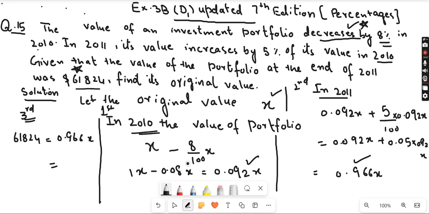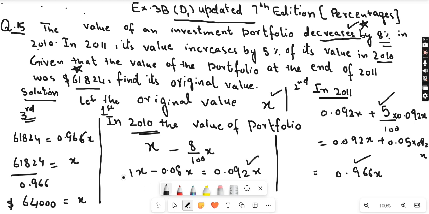First it is decreased by 8%, then it is increased by 5%, and then finally we come up with this solution. We'll divide it by 0.966, and your final answer becomes 64,000. So this is the original value of the portfolio, $64,000, or the Pakistani rupees. So whatever currency unit is given, you can use that one.